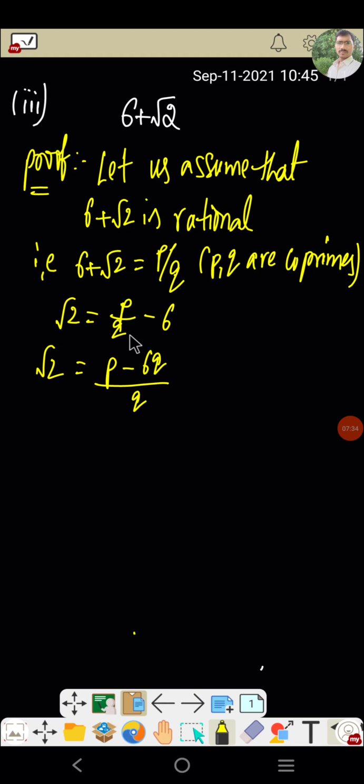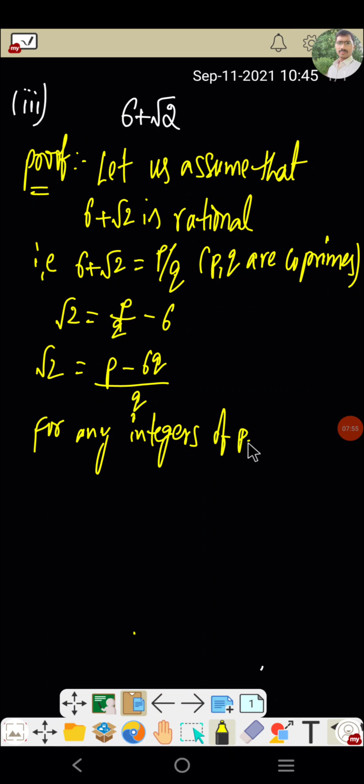If we observe here, root 2 is an irrational LHS value. But in the RHS, if we substitute any integer value in the place of p and q, must and should the RHS value is a rational number only. That means for any integers p and q, the RHS value is rational.